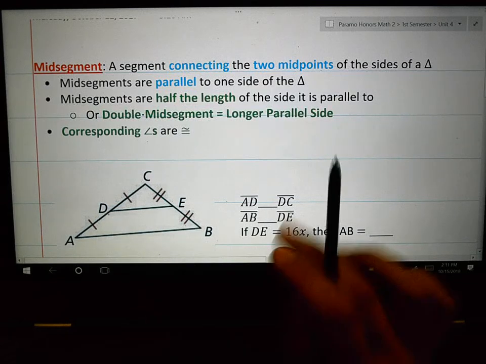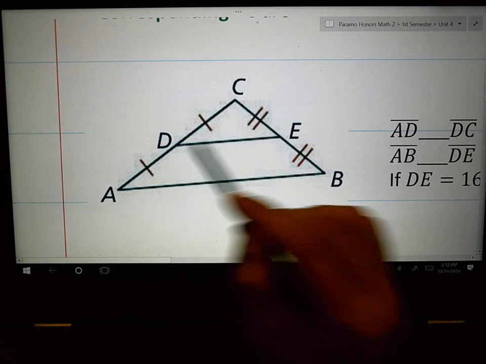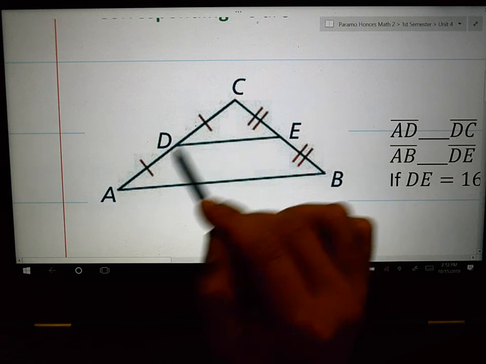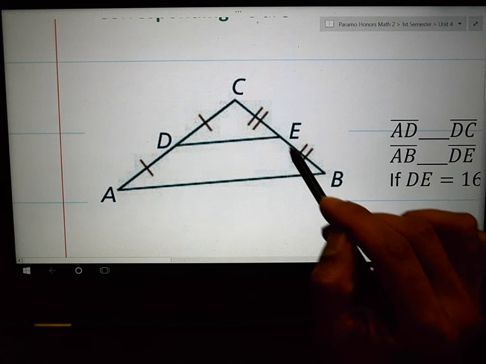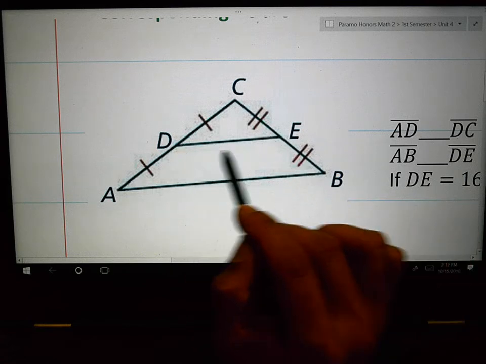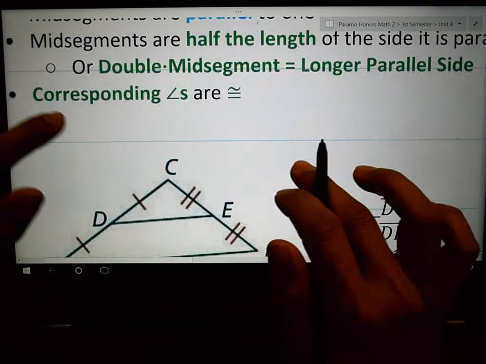Meaning, if I look at point D in this picture, I know these are midpoints because this piece here is congruent to this piece there, and this piece here is congruent to this piece there. So it's going from a midpoint to another midpoint. That means that DE is a midsegment of this triangle.